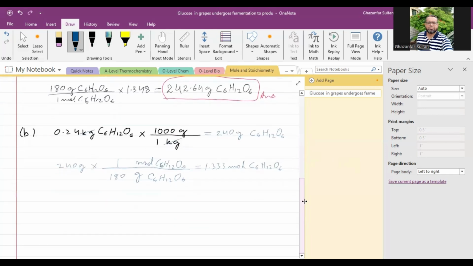So from the mole factor, you need moles of ethanol, C2H6O, and in the denominator, there would be the mole of glucose, C6H12O6. So 2 moles are produced from 1 mole of glucose from the balanced chemical equation. And how many moles of glucose are there? See, 1.333 mole glucose.